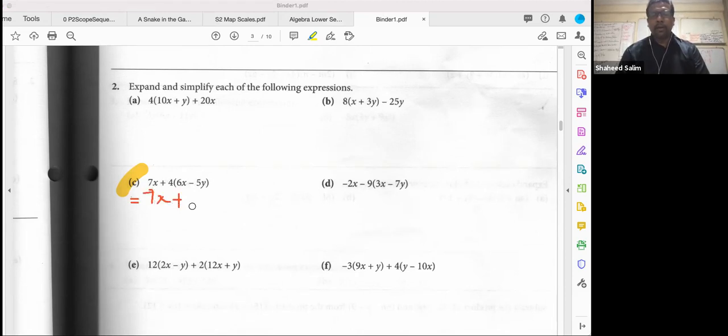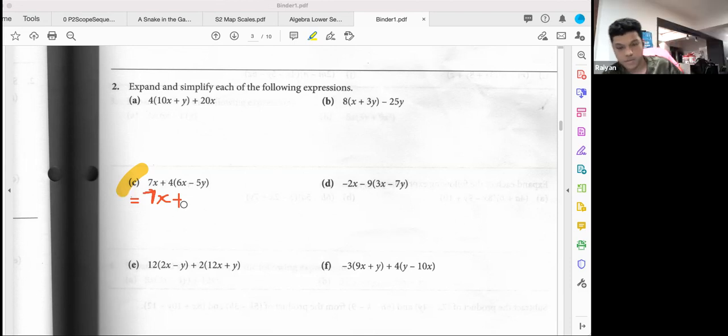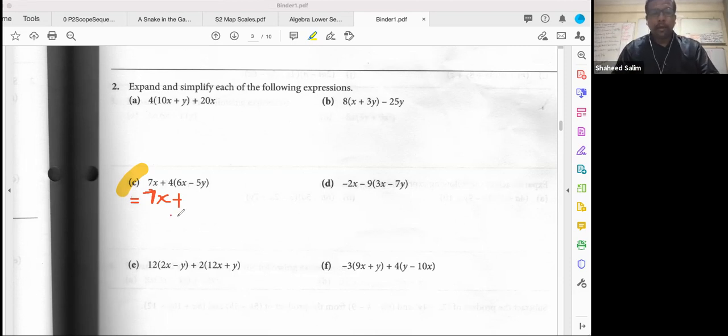Then you see whether you can plus later. X minus 21. 31x. Okay, 31x minus 21.